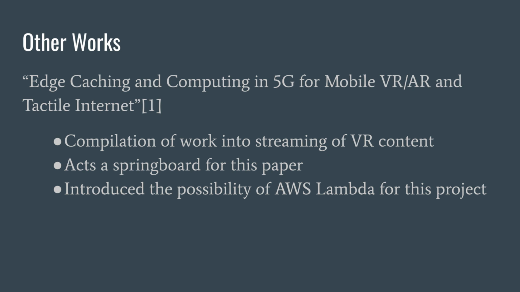Although 5G is not yet widely available, it poses to be an excellent option for future attempts of this project. This is mainly due to 5G's low latency and high bandwidth. Additionally, the paper led to Amazon's Lambda service being considered as an additional option for the completion of this paper.